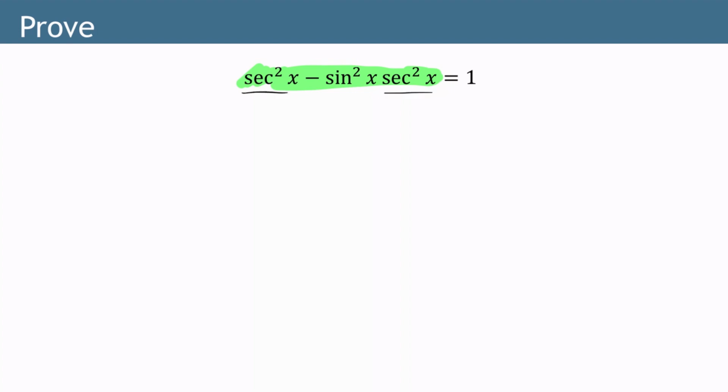So I'm just going to do some algebra. If I factor out secant squared, I get, well, if I factor it out of this, I just get 1. And if I factor it out of this chunk, it takes this one out, so I'm just left with the minus sine squared.